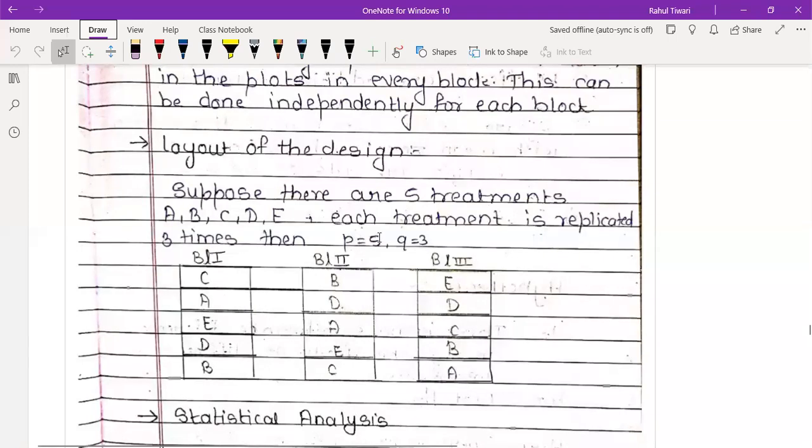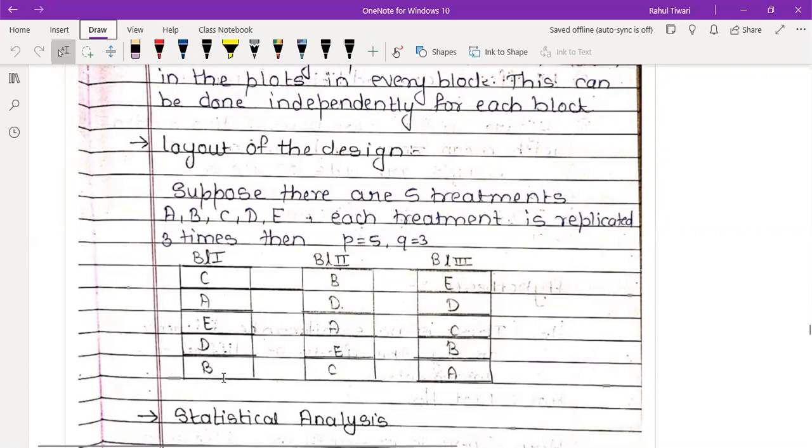So there are 5 treatments, and everywhere the 5 treatments are there. And Q is the number of repetitions, 3 times. So A will be 3 times, 1, 2, 3. B will be 3 times, 1, 2, 3, and so on. So this means we don't have a homogeneous unit.